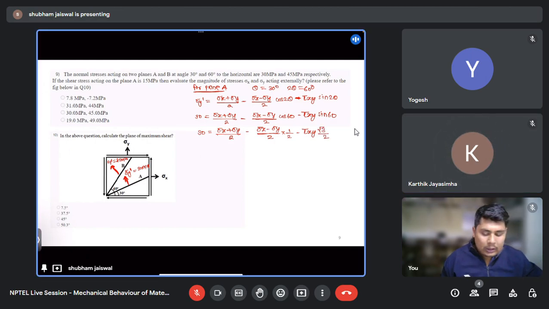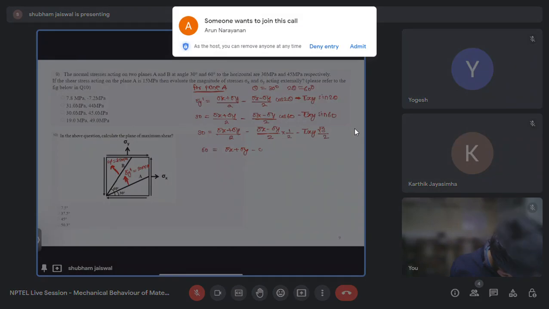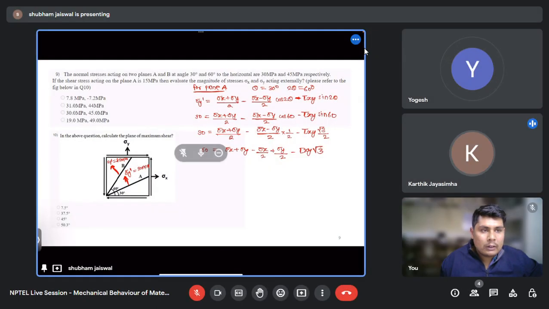So if I take the 2 common and simplify this, 60 is equal to sigma x plus sigma y minus sigma x by 2 plus sigma y by 2 minus tau xy root 3. Is it correct? Yes, sir.